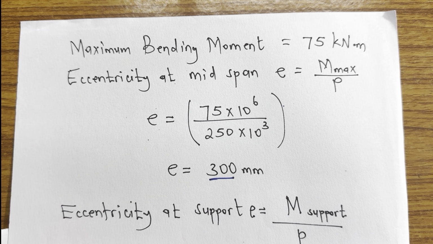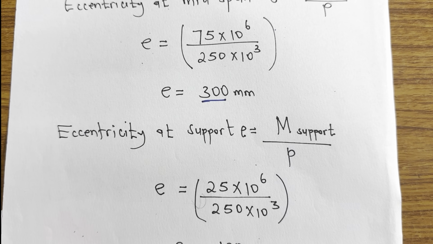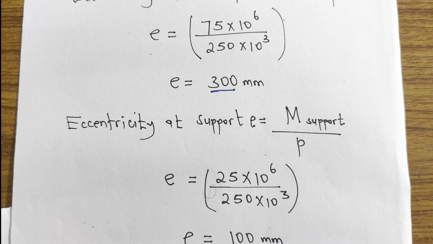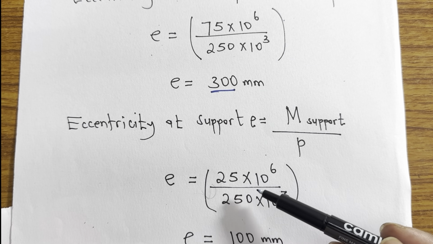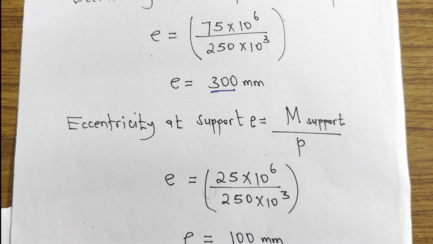Now let us also get the value of eccentricity at the support. At the support we have obtained the moment is 25 kilonewton meter. Then the expression is going to be 25 times 10 raised to power 6 to convert it to Newton millimeter, then divided by P, which is 250 times 10 raised to power 3 in Newton.